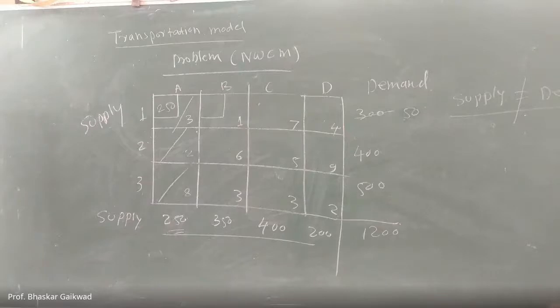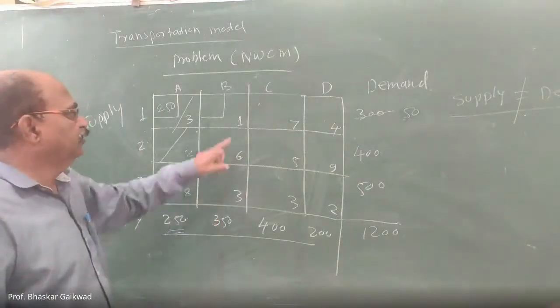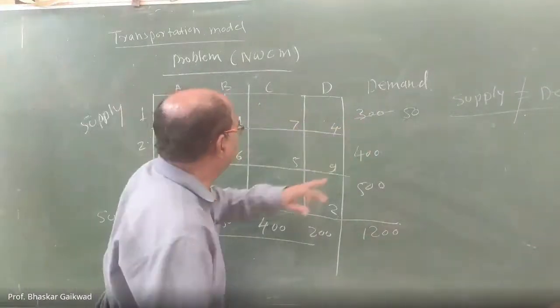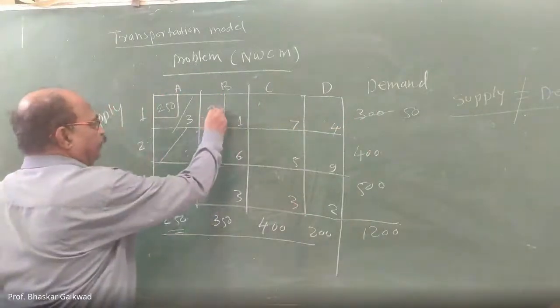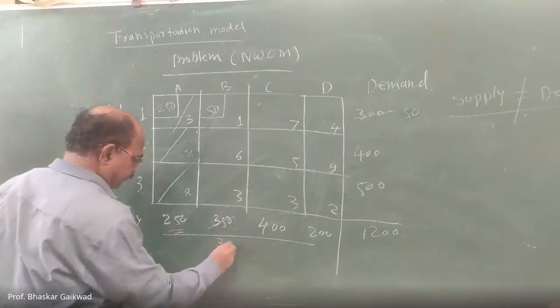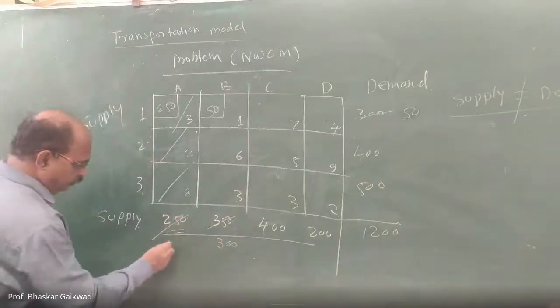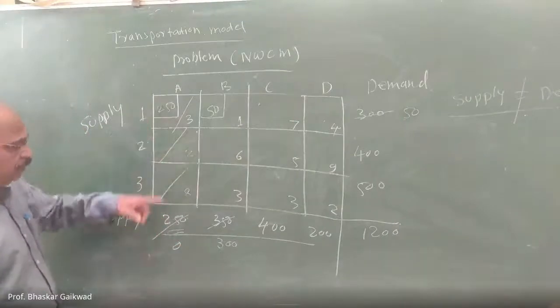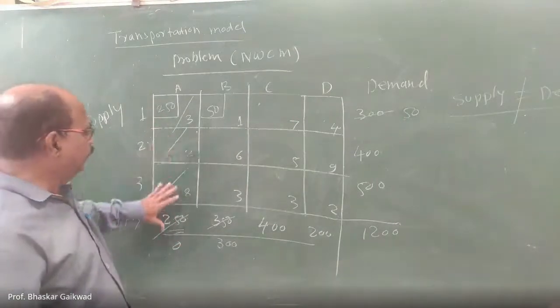Now, after this, you see the demand and supply, which is the minimum. Here it is 50, and the other is 250. The demand is 50, so you put 50 here, and it will become 300. This is already zero because we have already allocated this supply.